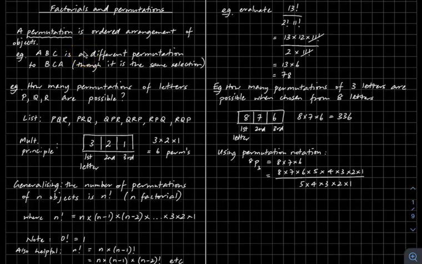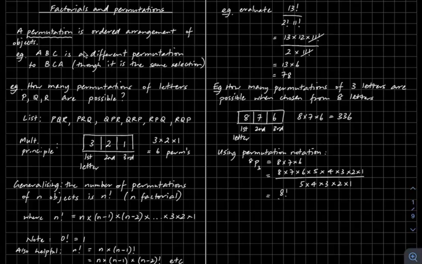And hopefully you look at that and think, well, you're making it more complex, and yes I am, but the important thing is that these factors here, the 5 times 4 times 3 times 2 times 1, and these ones here cancel each other out to leave me with what I started with, but importantly they allow me now to write this in terms of factorials.